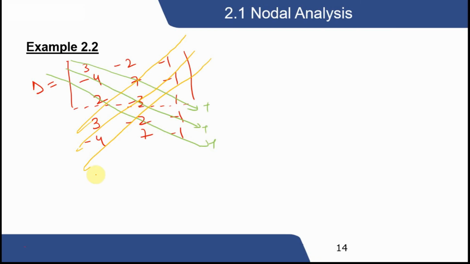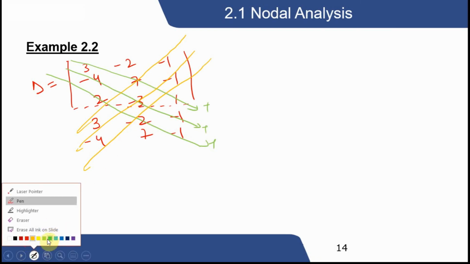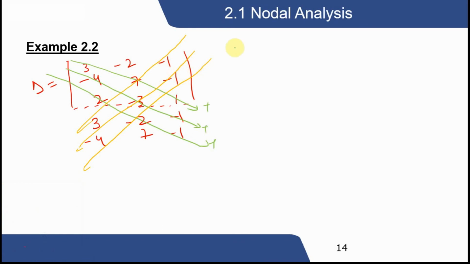So here we have 3 into 7 into 1 with a plus sign, plus minus 4 into minus 3 into minus 1 with a plus sign again. Then we have 2 into minus 2 into minus 1.